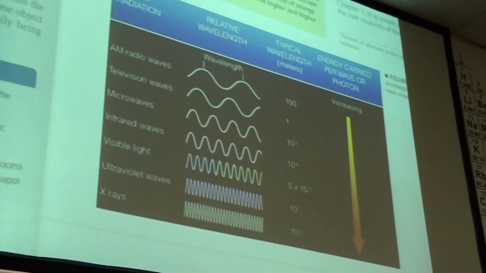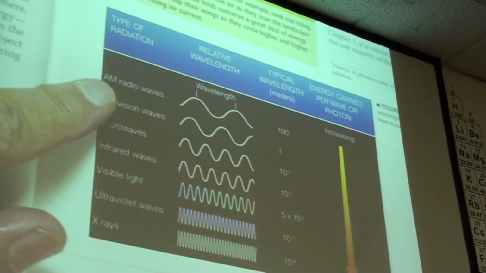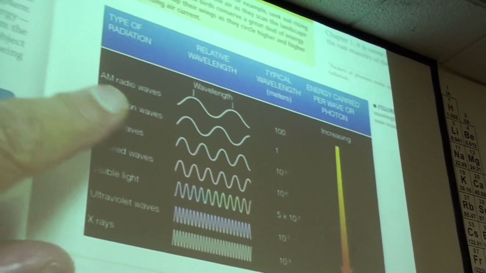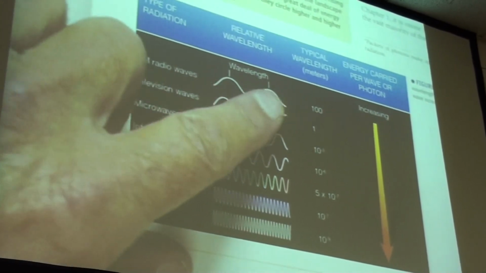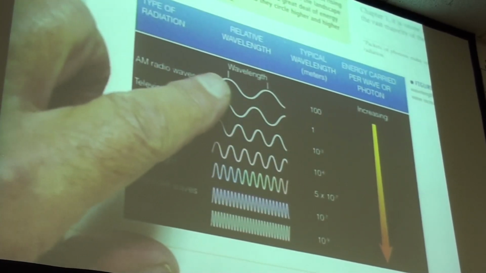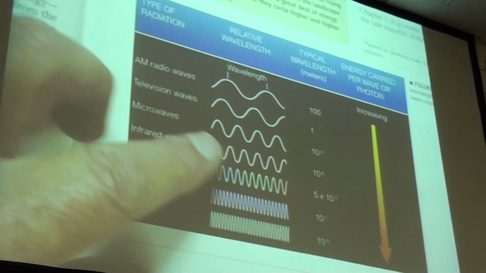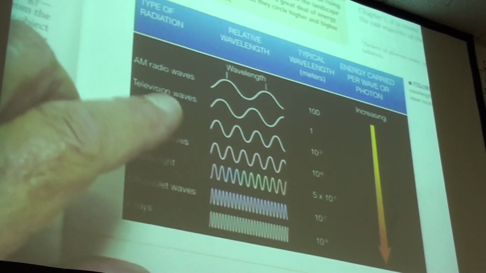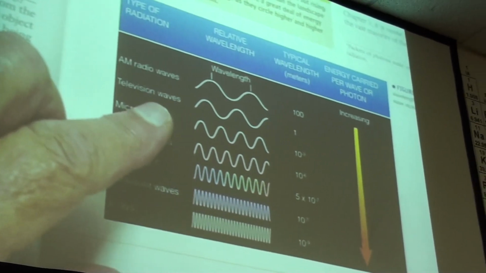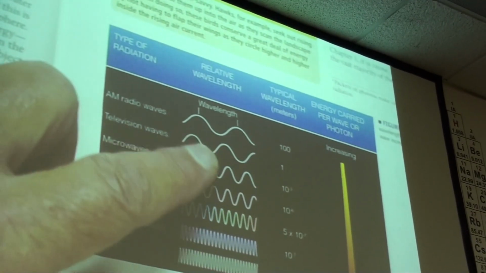These electromagnetic waves, in summary: we have AM radio waves. They have a very long wavelength associated with them, where the wavelength is just the distance between the peaks of adjacent waves. We have then FM and television waves.